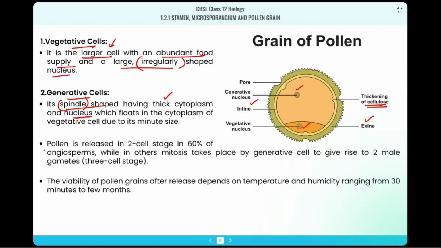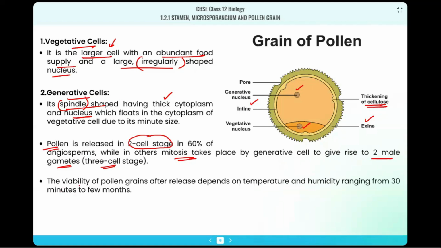So the pollen is released in the two cell stage in 60% of angiosperms, while in others, mitosis takes place in the generative cell to give rise to two male gametes. That is a three cell stage. We'll explain it in detail in the following slides.